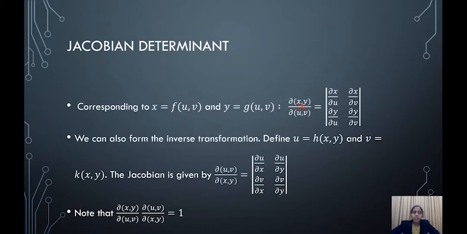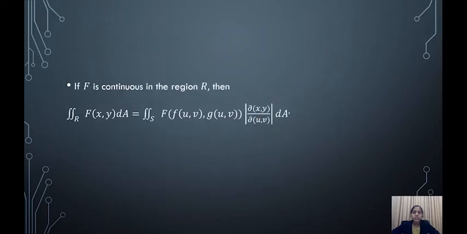Now with the help of this Jacobian, we have a theorem by which we can evaluate the double integral. If f is continuous in the region, which is important because the partial derivatives must exist, then the double integral over R of f(x, y) dA can be replaced by the double integral over S. R is the region given to us, S is the region formed after the transformation.